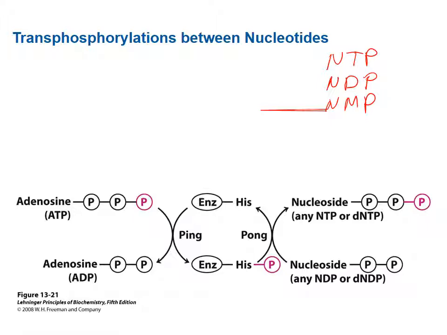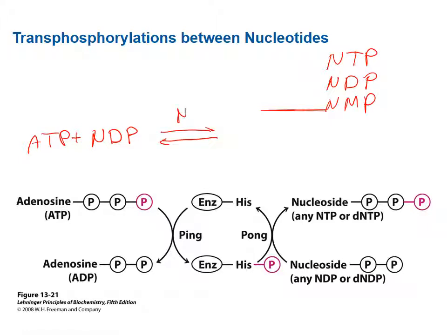So basically, the reaction that generates the nucleotide triphosphates is almost the same as anything else, which is ATP plus nucleoside diphosphate, or of course, deoxynucleoside diphosphate. We did talk about this already.